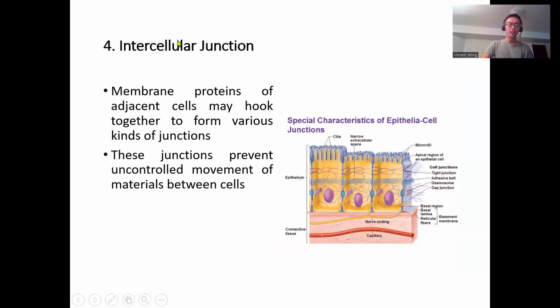Number 4, intercellular junction. Earlier today, I told you the intermediate filaments are like staples to glue cells together. Two cells next to each other, you want to have a tight seal. It turns out those are not the only thing that allows cells to stick together.